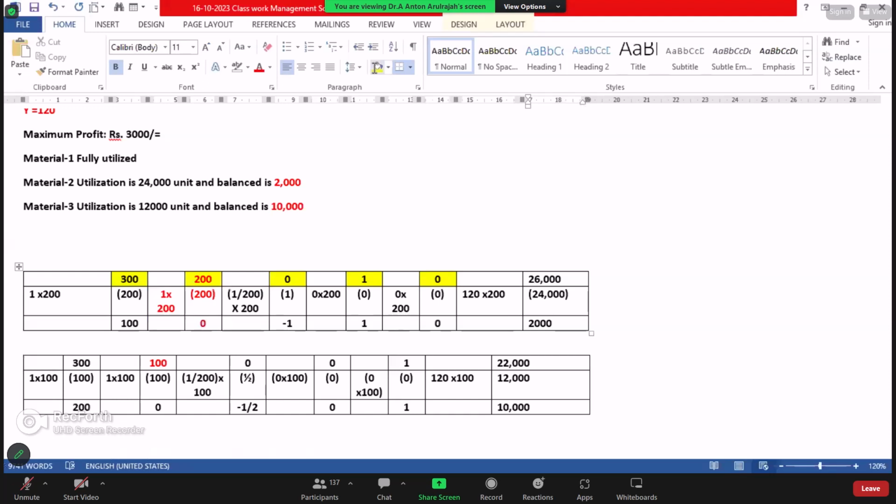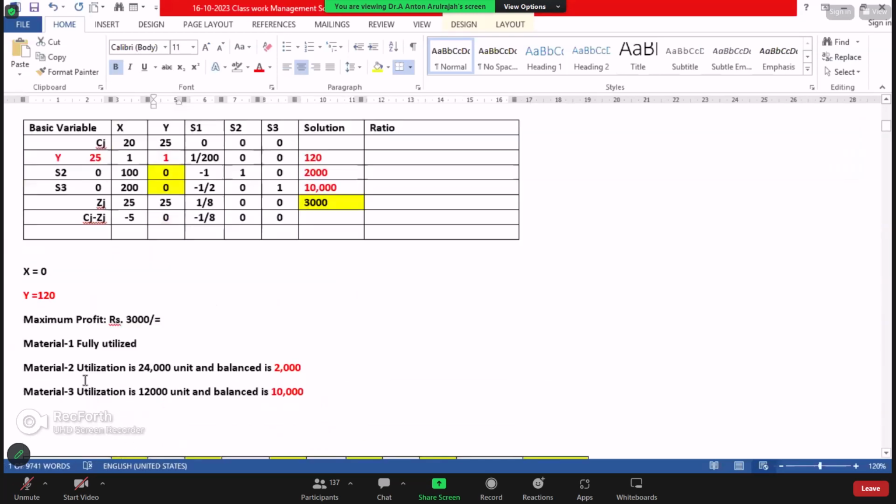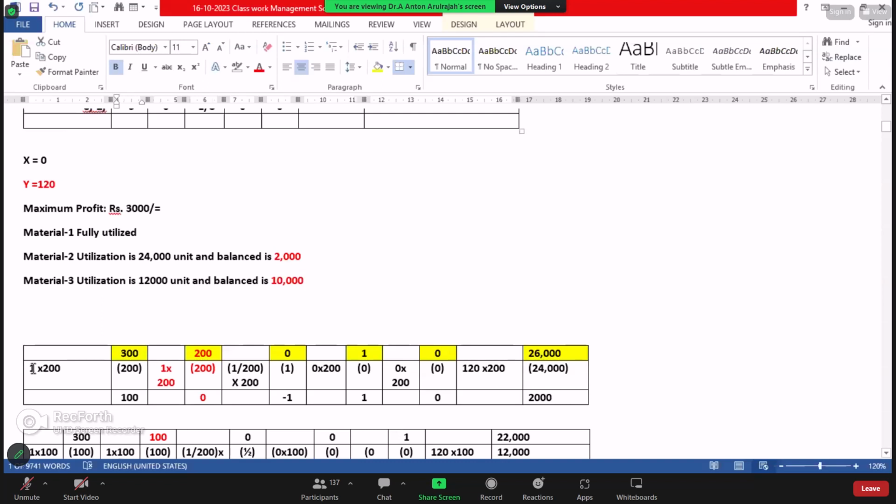After that, the new row, 1 into 200, that's why I'm writing here, 1 into 200, right? This one, new row is this one.